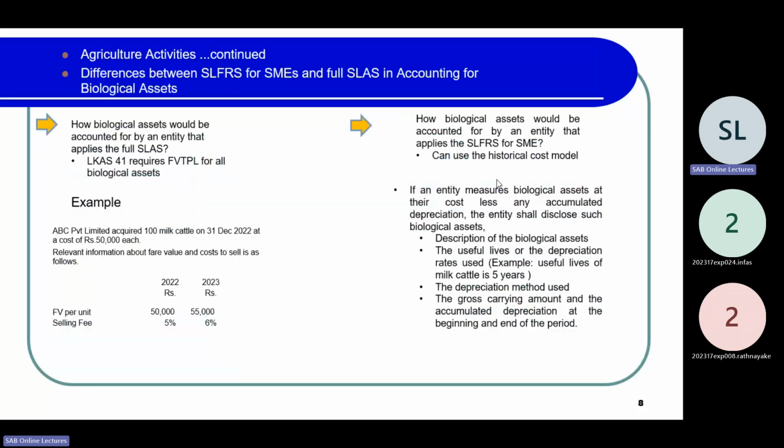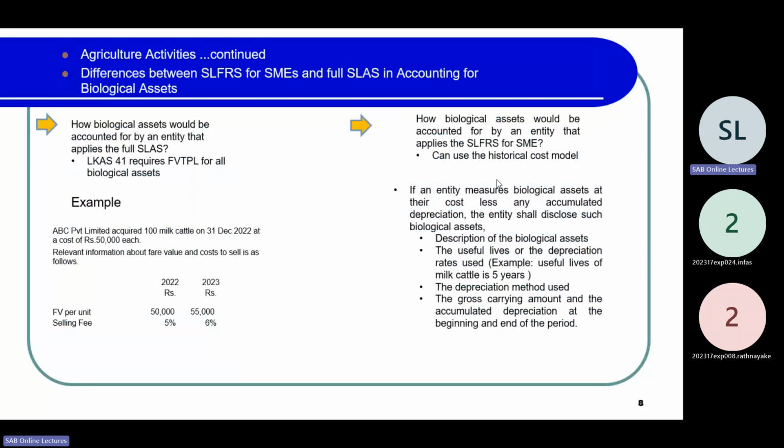Let's see an example. Here I give an example question. ABC Pioneer Limited acquired 100 units on 31st December at a cost of 50,000 each. Some information is given: fair value per unit and selling fee.